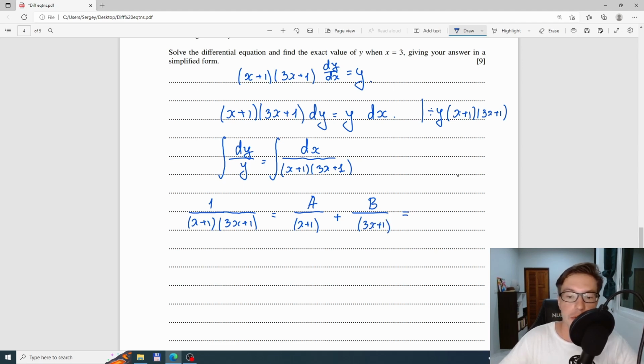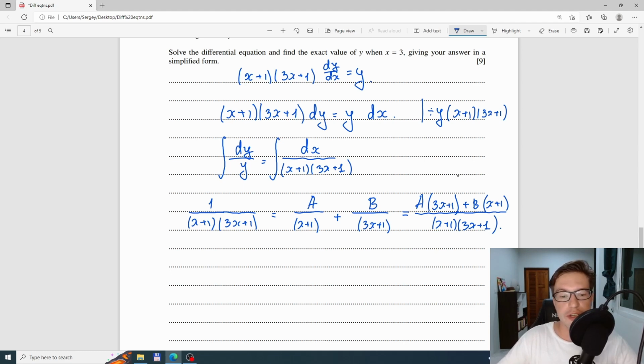Okay, so now I will combine these two again back into a single fraction. So a times 3x plus 1 plus b times x plus 1. Now I'm going to look only at the numerators of the two fractions.